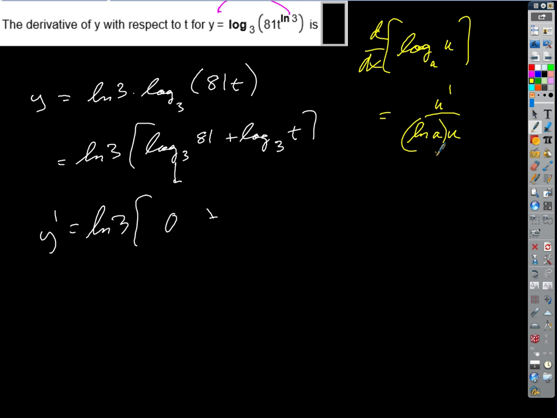So we just apply that and we get u prime is just 1 over ln of 3 times t. And so then, that's gone. If I just distribute the ln 3s, everybody see that the ln 3 there cancels with that ln 3, so what's my answer? 1 over t.